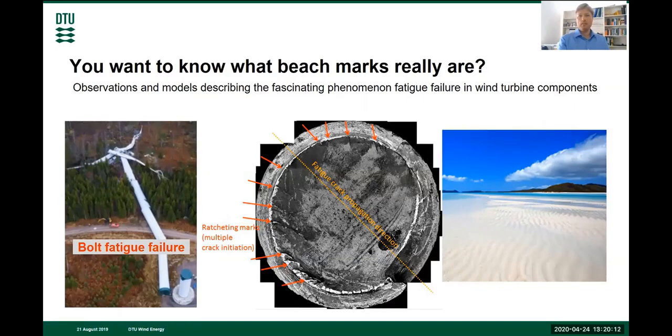So we can see that a material can break subject to cyclic loading conditions at load levels which are much lower than the strength of the material. And we are referring to this effect as fatigue.